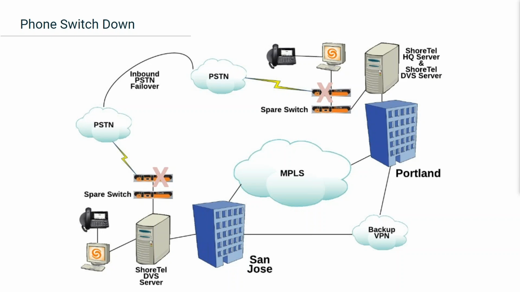All of the IP phones, or SIP phones even, and hunt groups can fail over to the spare switch. That failover happens automatically, but the fail back is manual. So we don't want to fail back to that switch if that switch is still having problems. So you will have to, from an IT level, manually fail back to the primary switch from the spare switch when it fails over.